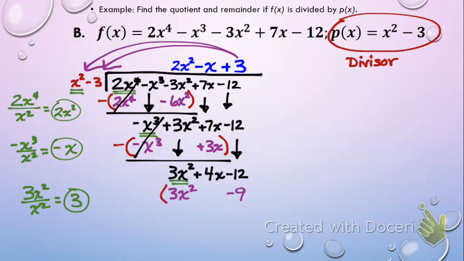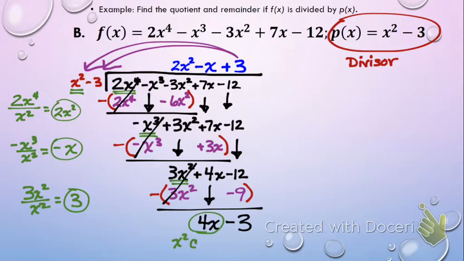Subtract that whole thing. 3x squared minus 3x squared cancels out. Bring down my 4x. 4x minus what? Minus 3. Can x squared go into 4x? Nope. Then I am done.